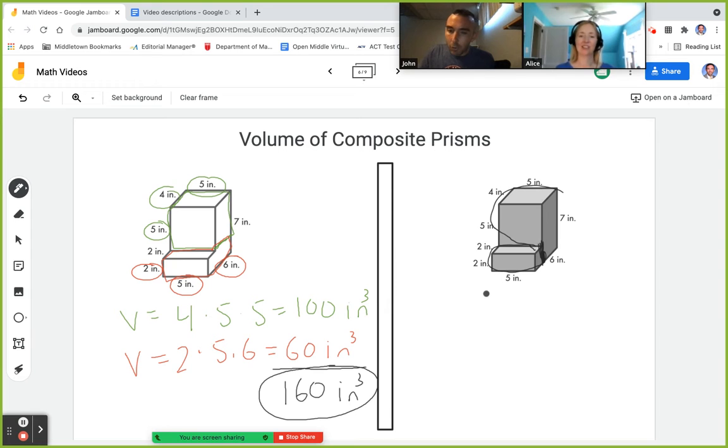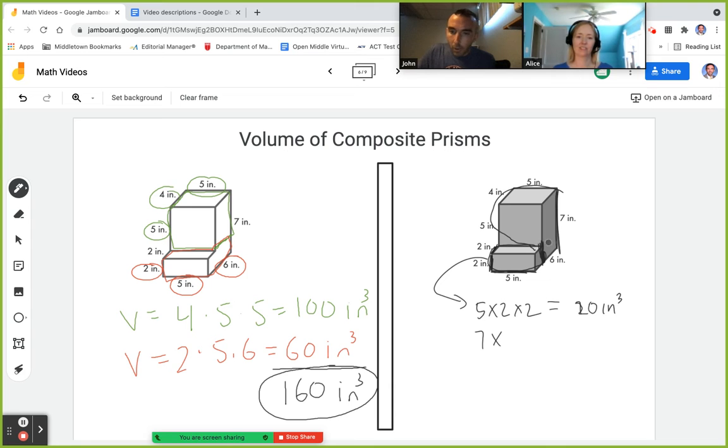So if I do that, I would first do the smaller prism, which appears to be 5 by 2 by 2. The height is 2, and then this is 2. So that would be 20 cubic inches. And again, we're doing cubic inches because it's volume, inch times inch times inch. And then the big part in the back has a height of 7.